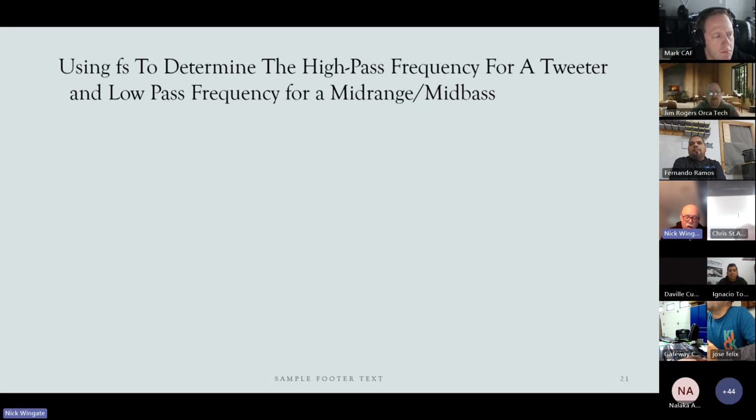This is how we're going to start designing the system, because we need to figure out how low or how high each one of these speakers can play in order for us to achieve maximum output with maximum clarity.